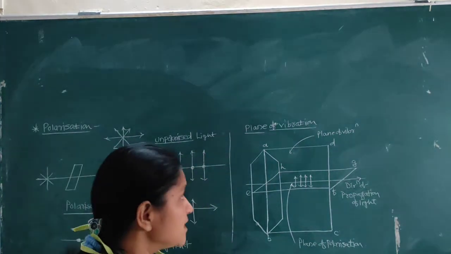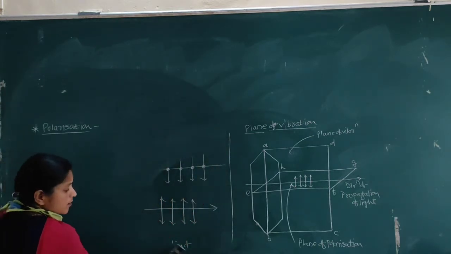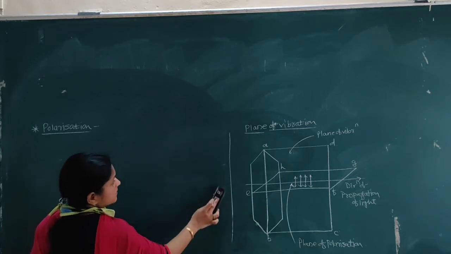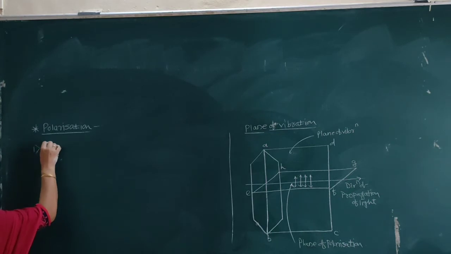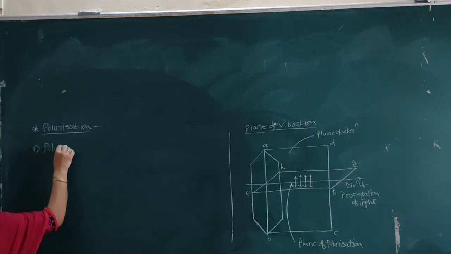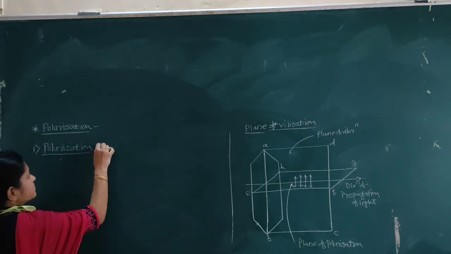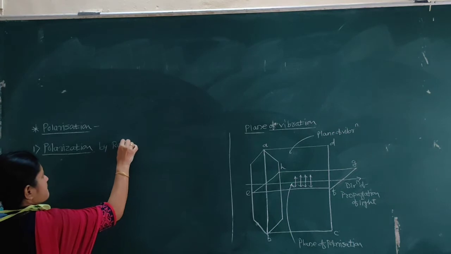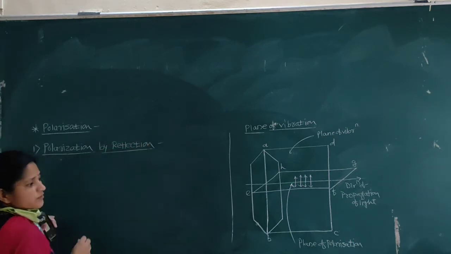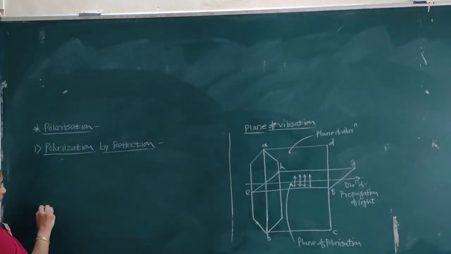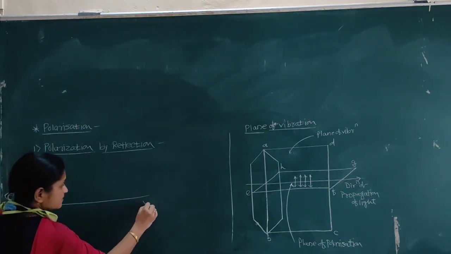Now after that we discuss the method which is used for producing polarized light, and that method is called polarization by reflection. So initially I will draw a diagram. This is the XY surface.